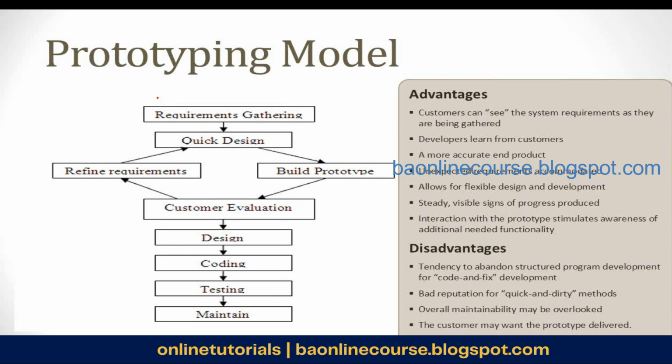Then you have prototype. Like I said, if the customers are not able to visualize how the final product would look like, so they don't have any clue that my final system would look like this, it's difficult for them to sign off the requirements. Or even if they sign off, during testing they would say, you know what, this is not what I was expecting.